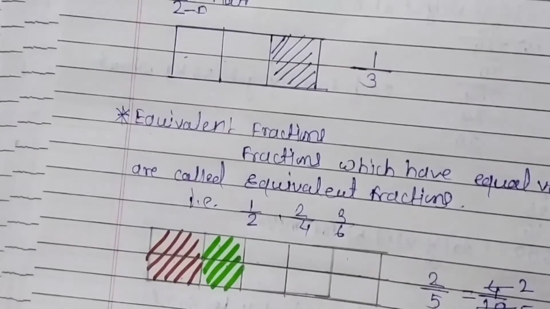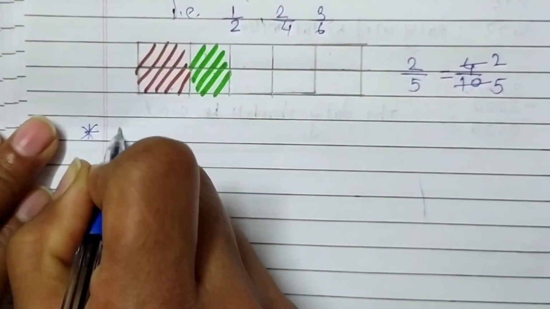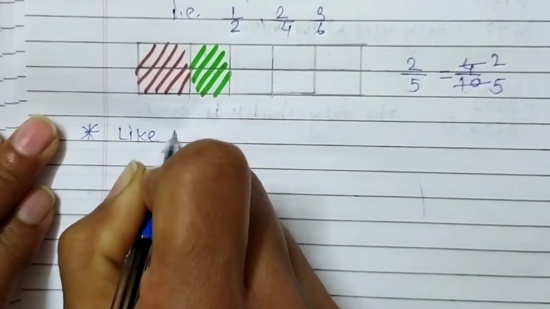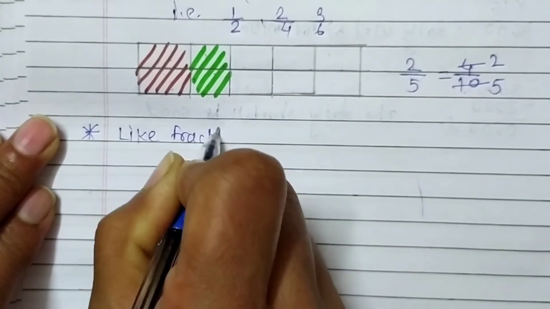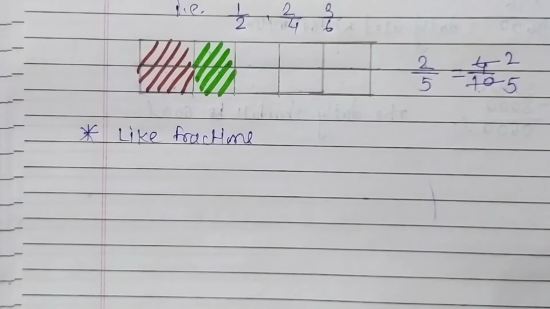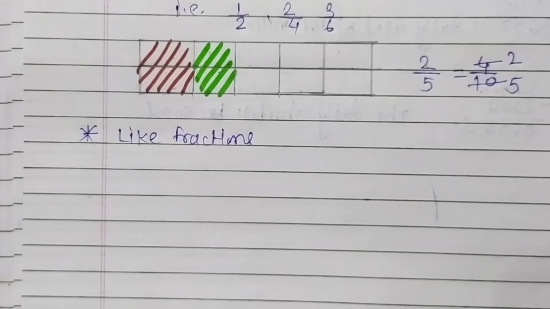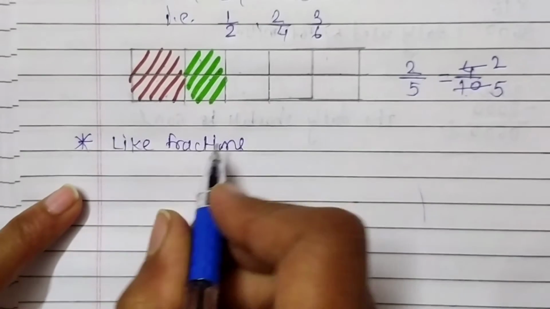Now we are also going to learn about like fractions. What are the like fractions? Fractions whose denominators are equal are called like fractions.